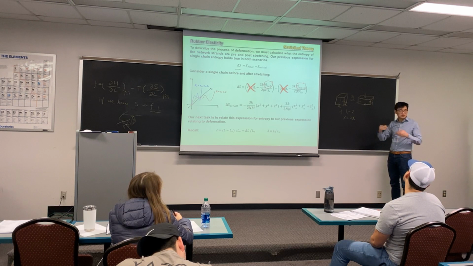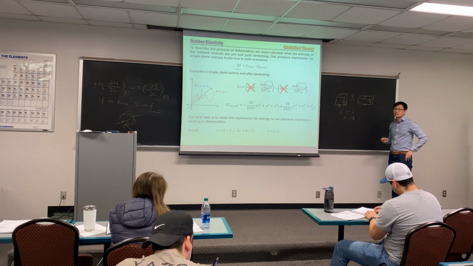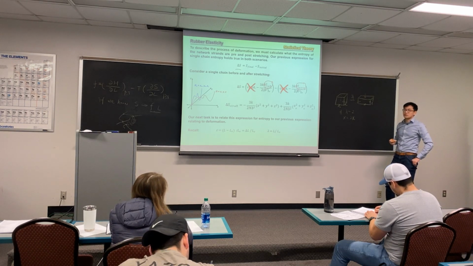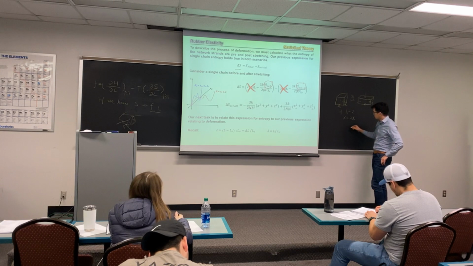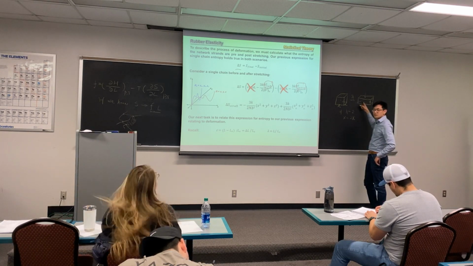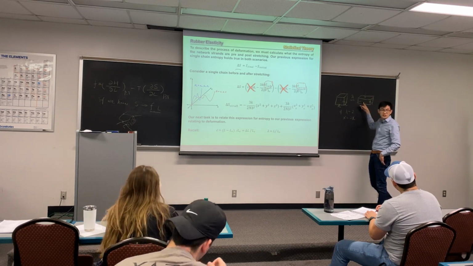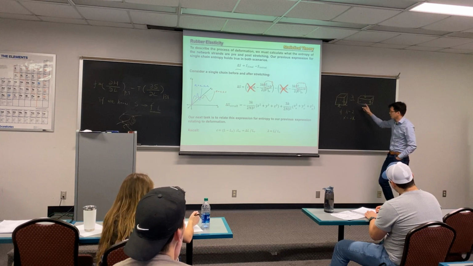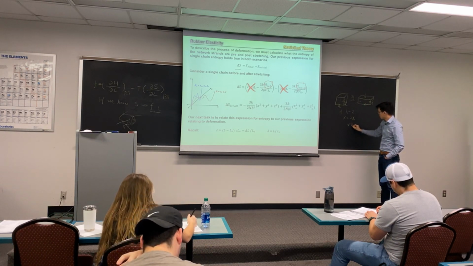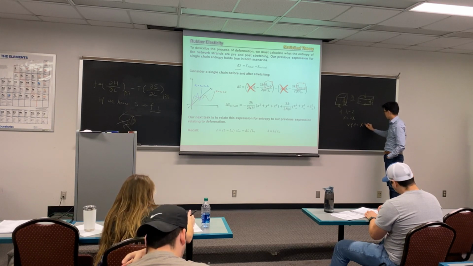And how much they contract is related to the incompressibility assumption. So we know in the other two directions, you absolutely need to contract to some degree to satisfy there's no volume change. So that means x y z would be equal to x0 y0 z0.